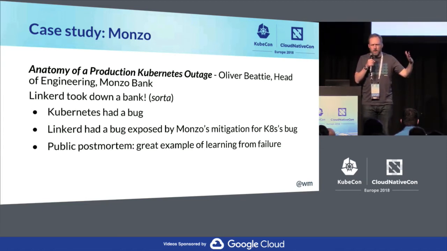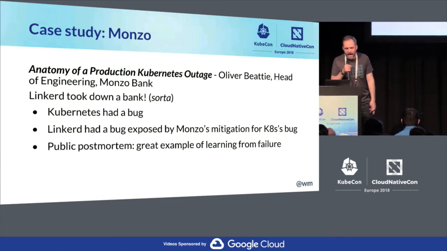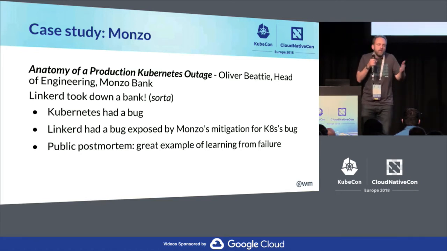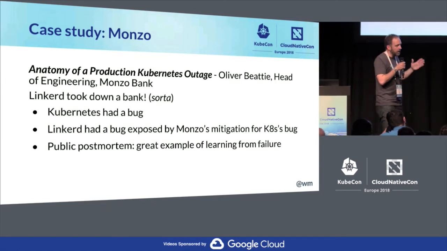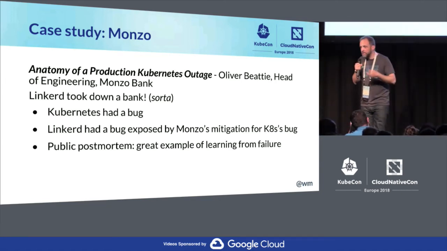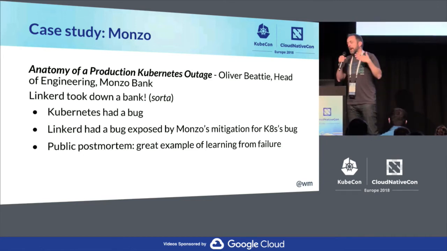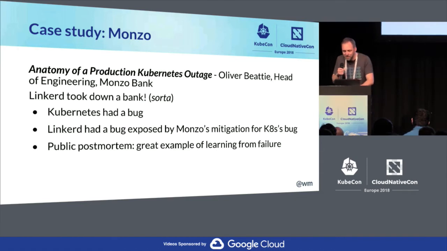And if you weren't there, my brief summary, which is probably not quite accurate, is that Kubernetes had a bug, Linkerd had a bug, Monzo's mitigation for the Kubernetes bug exposed the Linkerd bug, and then there were human beings involved, so things got complicated. What I think is really good about this particular incident is the fact that there was a public postmortem, and it was clear that there were lessons that they were learning from failure.